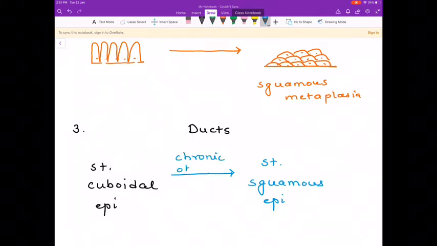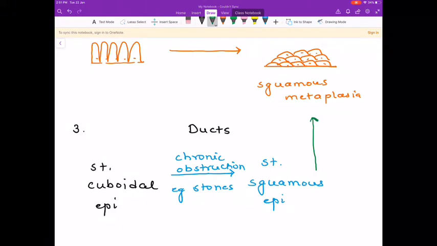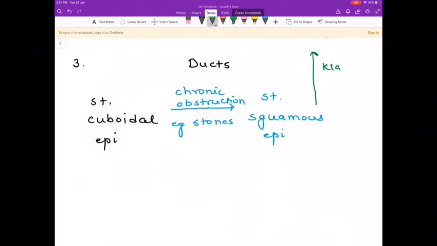So 3 questions: normal lining, what is the most common cause of metaplasia in the duct, and what is the outcome, what is the type of metaplasia seen in the duct? Answer will be squamous. One question is the normal histology, second is the cause, and third is the outcome. Squamous metaplasia will be the outcome, and that's why squamous metaplasia is the most common type of metaplasia.